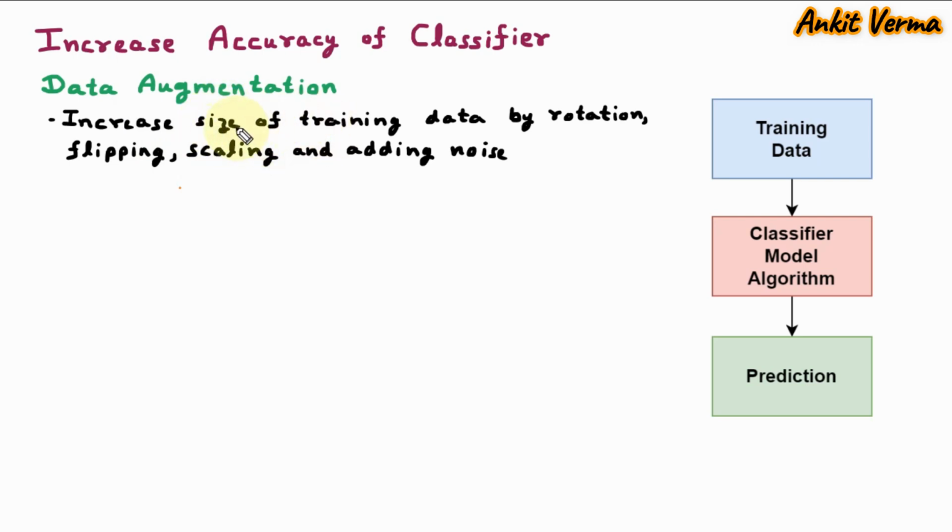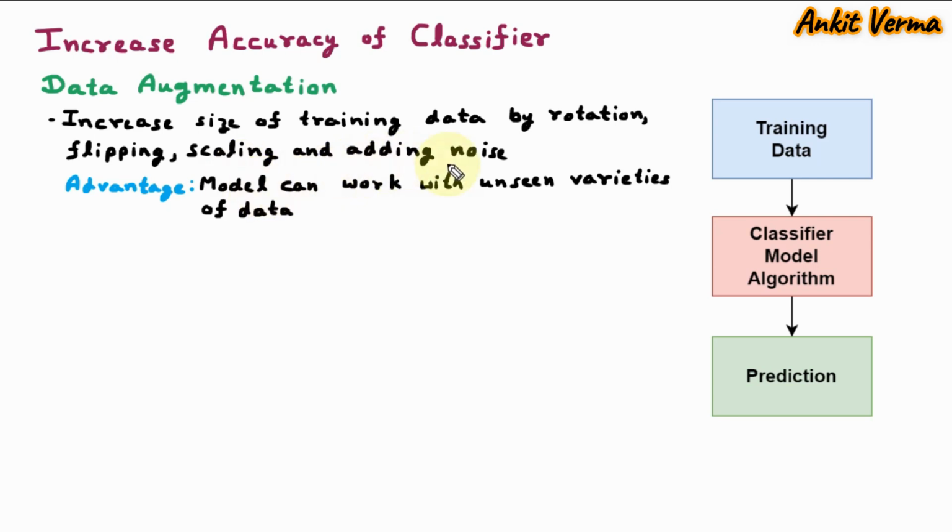And by doing this, we are having a variety of data. And through this data, we train the model, classifier or algorithm. It has an advantage. By data augmentation, model can work with unseen varieties of data. So if there is a new data which is unseen or of different variety, model can work with that.